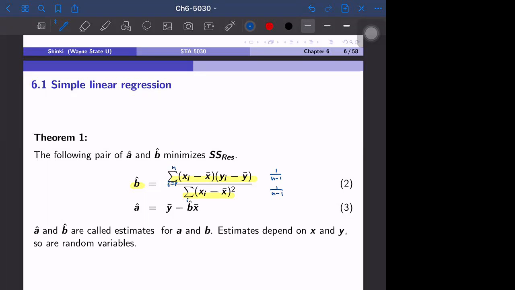And A hat is given by B hat and X bar and Y bar. X bar and Y bar are just the sample means of X and Y. Once you are given B hat, X bar, Y bar is a kind of center of the data.